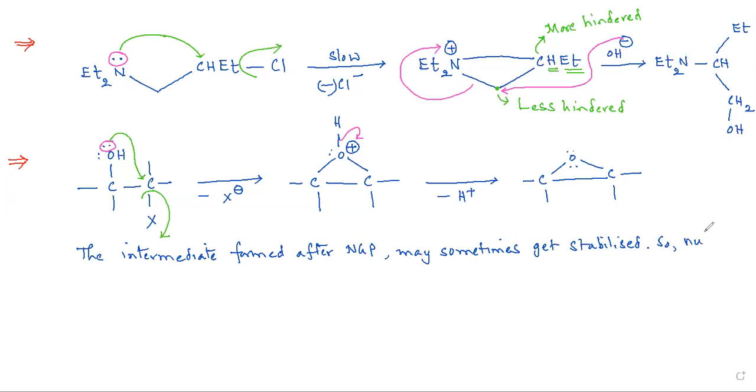So nucleophile does not attack at all. Doesn't even attack. Now, one more. So these are all different neighboring groups. N, O, and now it is S, the sulfur, different heteroatoms.